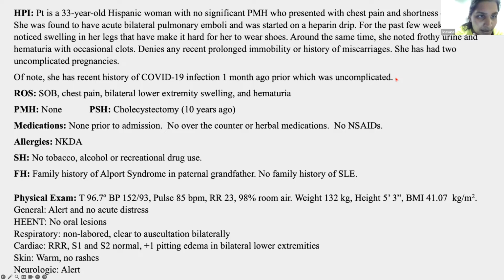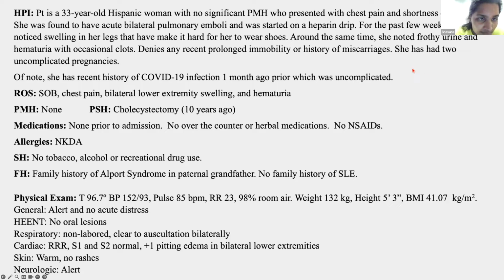Review of systems pertinent for shortness of breath, chest pain, bilateral lower extremity swelling, and hematuria. No significant past medical history. Her surgical history is a cholecystectomy 10 years ago. She was on no medications prior to this admission, denied any over-the-counter or herbal medications, and no NSAIDs. No known drug allergies. For social history, denied tobacco, alcohol, or recreational drug use.